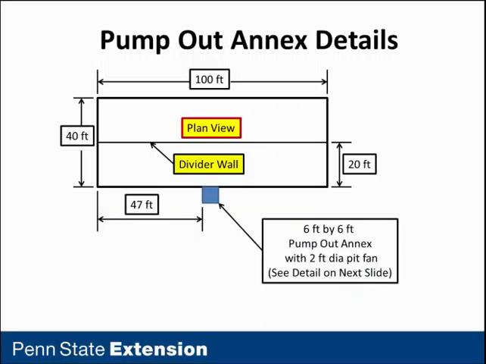The pump-out annex is located on the front wall. It's offset 47 feet from the x equals 0 coordinate. That pump-out annex is 6 feet by 6 feet with a 2-foot diameter pit fan located on top of it.